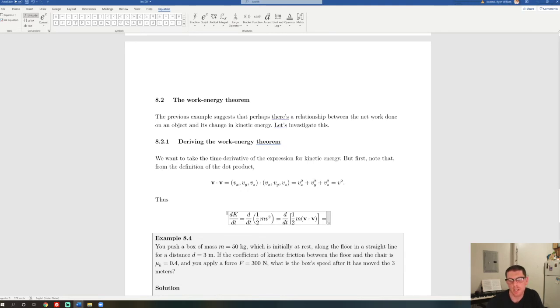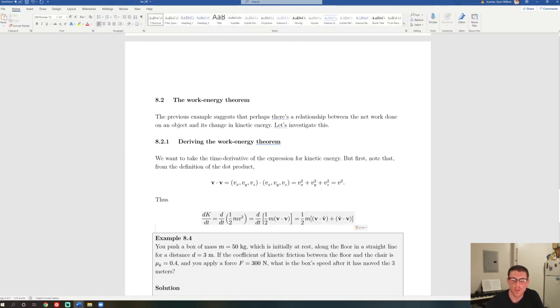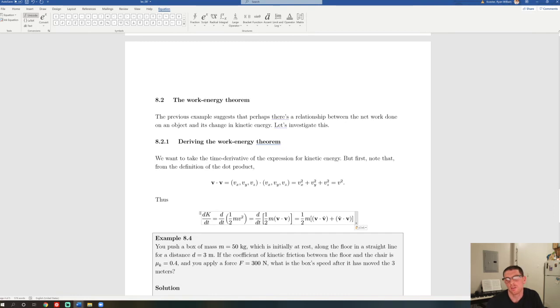But what happens is, if I apply the product rule from differential calculus to this quantity in here, this works for the dot product. We just write v dot, where v dot is the time derivative of v, dot v, and then over here we have plus v dot v dot. Remember that the order in which we take a dot product doesn't matter.